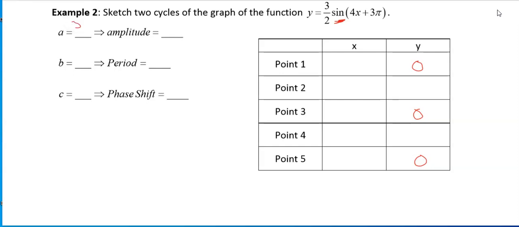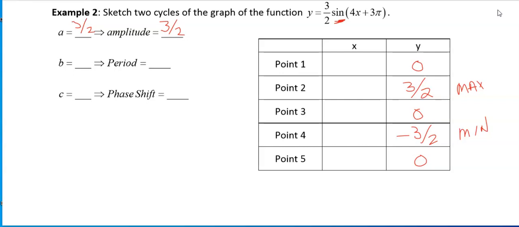You can call that 1.5 if you want. And that's your amplitude. And that tells you your other two y values. Here's your max. It's just 3 over 2 or 1.5, whatever you want to call it. See that? There's your max. And the fourth one is going to be your min, and that's just the negative amplitude right here. There you go. There's your max, there's your min.